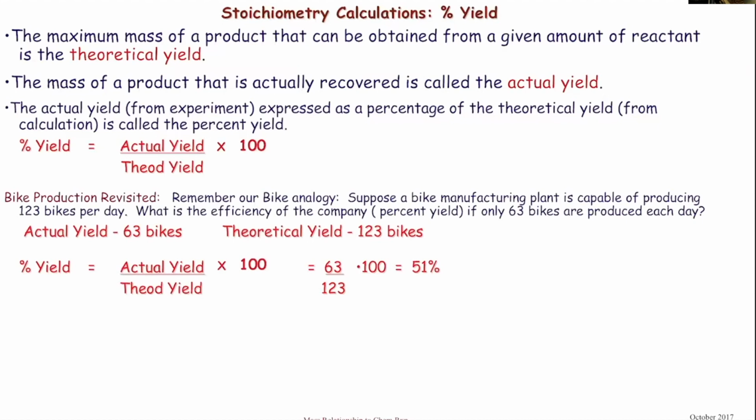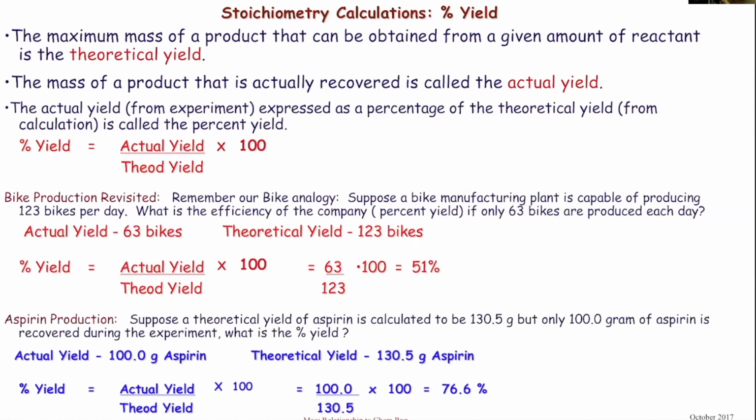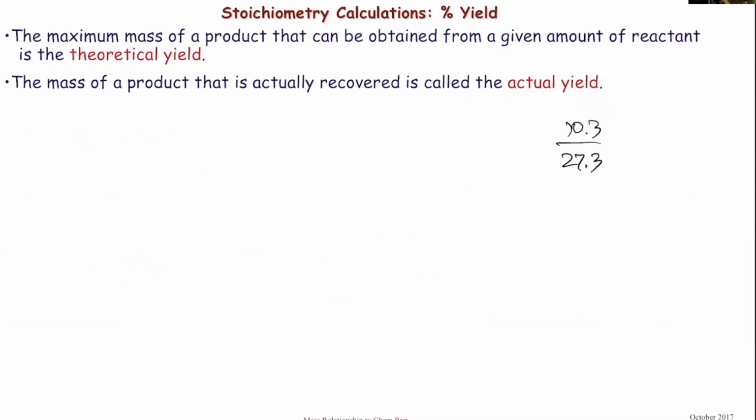Just like the bikes, if we were able to produce 123 bikes a day, but we only produce 63, then the efficiency, the percent yield, would be 51%. For our case, it was 10.3 over 27.3. I believe that was the number that we had. 27.3 times 100.